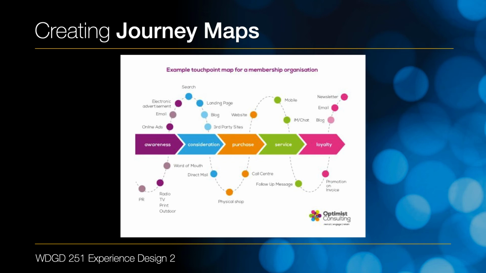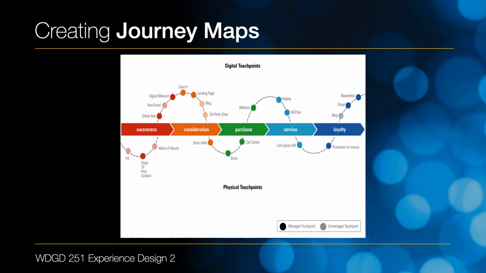I think I showed this one a couple weeks ago. I liked it because it had the digital touch points at the top and the physical touch points at the bottom, and it also managed to indicate unmanaged touch points, which are ones that aren't controlled by your company. Like third-party sites reviewing your product, you can't control that, but you have to consider it a touch point because that's still where people will have an experience with your brand, even if you can't control it.